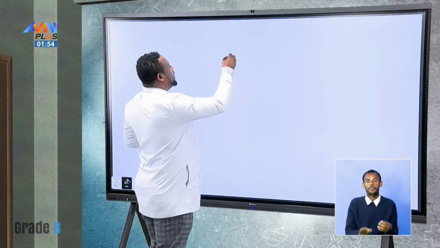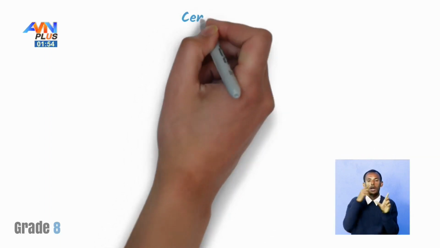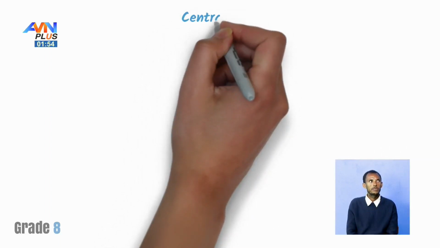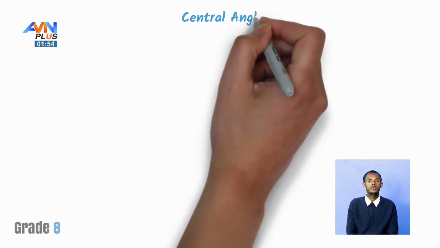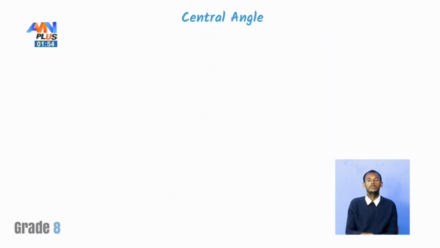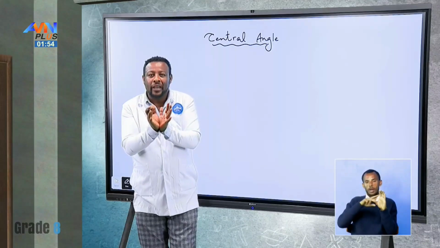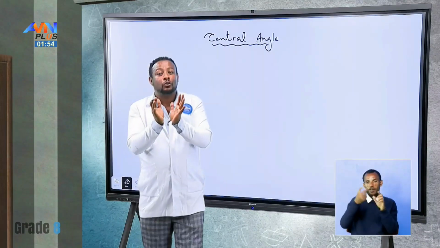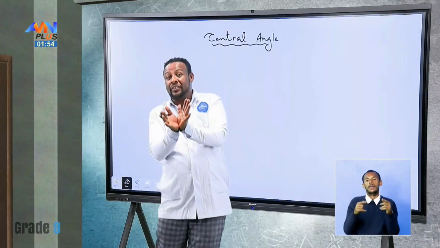Okay, that is central angle. A central angle is an angle formed by two radii, okay? An angle formed by two radii where those radii clearly intersect at their center, okay?